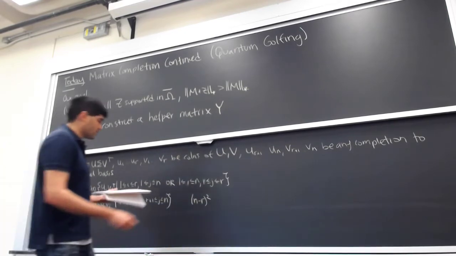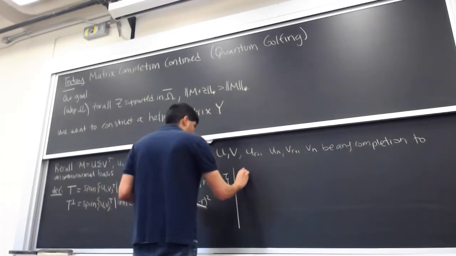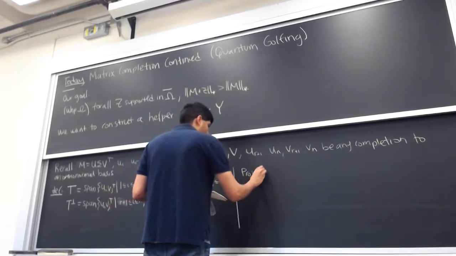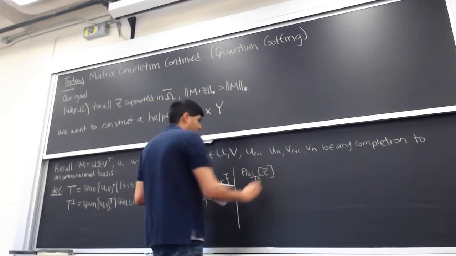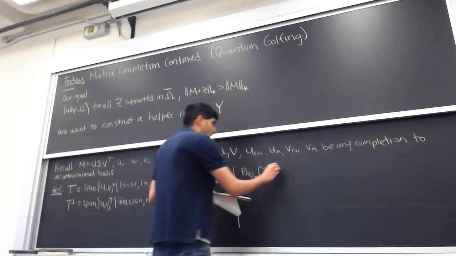So just to make sure that we understand the definitions, let's say I want to project some matrix Z into the set T perp. So this you can define in the usual way.